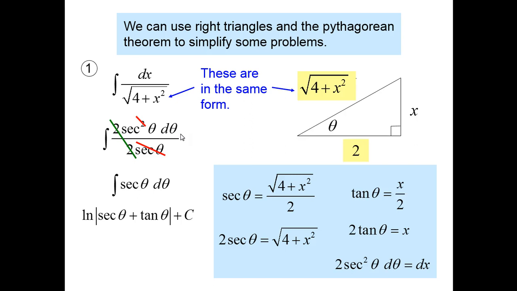Now remember, we were integrating in terms of x, so we have to go back and change this expression in terms of x. So I'm going to replace secant theta with what we said it was equal to here, and tan theta with the x over 2. And we're almost done. There's one extra step I want you to take here because of the natural log.